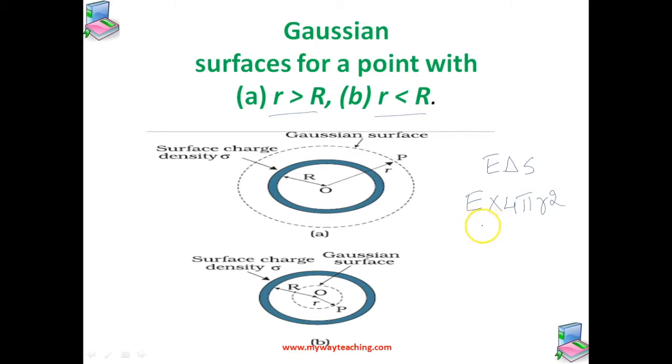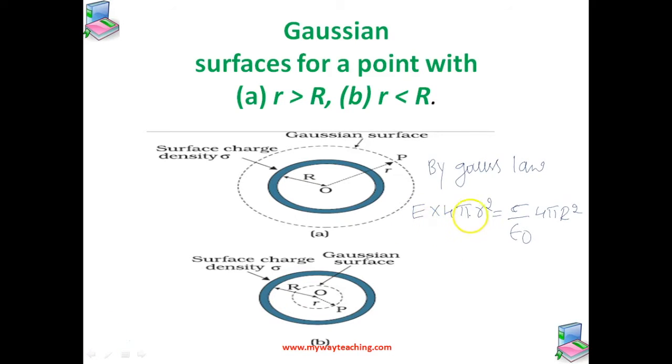And the charge enclosed is given by sigma into 4 pi R square, and by Gauss' law, E into 4 pi r square is equal to sigma by epsilon naught into 4 pi R square, and E is equal to sigma R square by epsilon naught r square, isn't it?